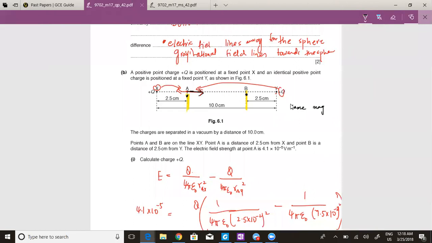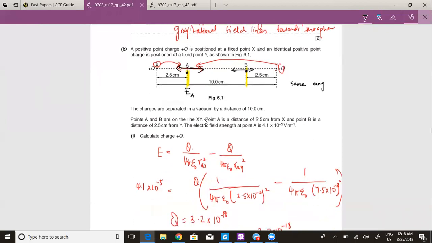On this side it will be bigger and this will be smaller, and on this other side this one will be bigger and this one smaller. And we know exactly what E at A is, that's 4.1 into 10 to the power minus 5. A to B is 5, remember, X to Y is 10. My bad. And E at B, because it's opposite, will be minus 4.1 again.